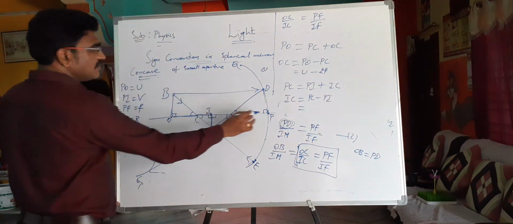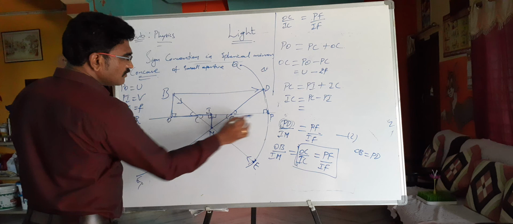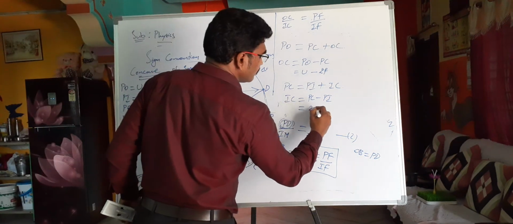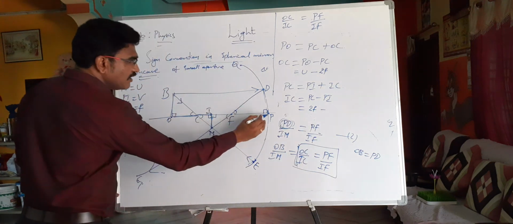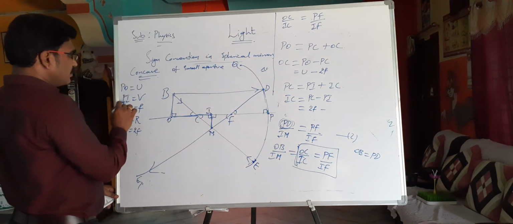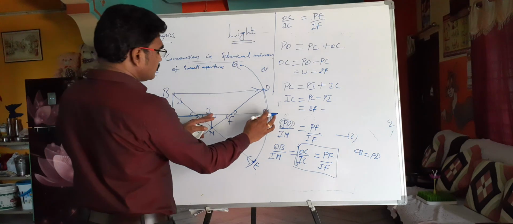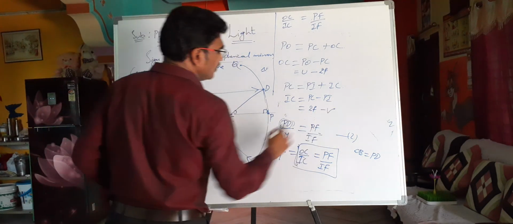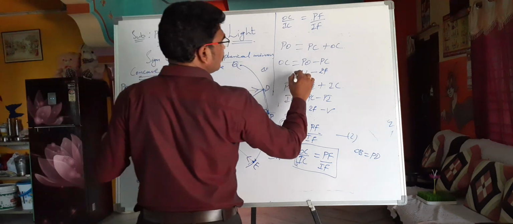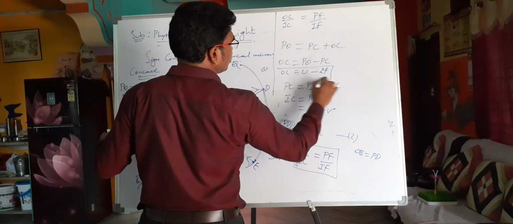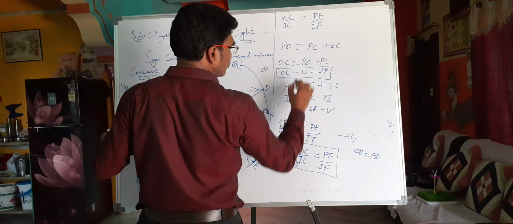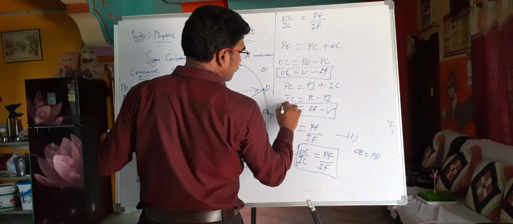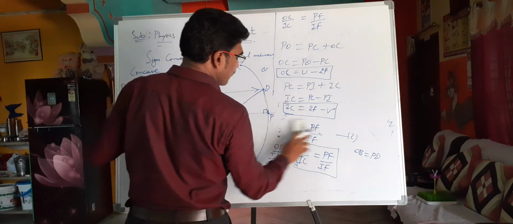But what is PC? Again PC, P to C. Already you know PC is nothing but 2F minus PI. P to I. Already I know what PI is? V. That is the image distance. Pole to the image. That is nothing but the image distance. That is 2F minus V. This is one condition. This is IC. Another condition I will take.